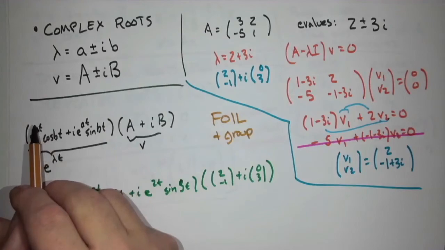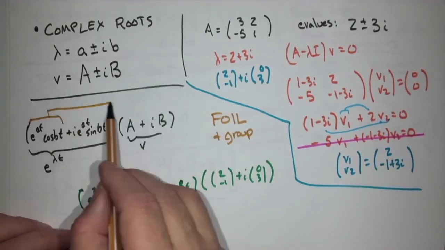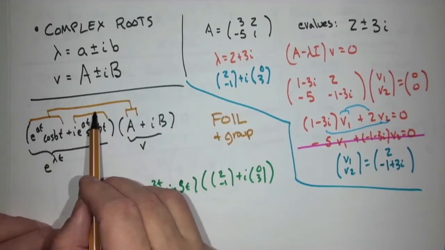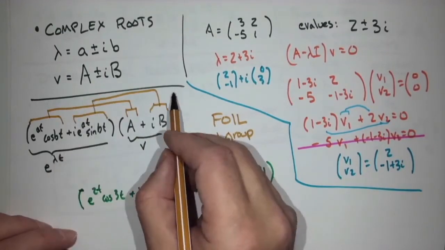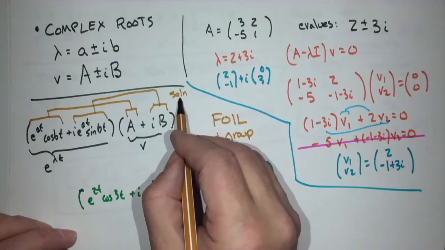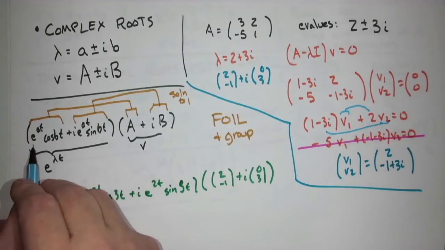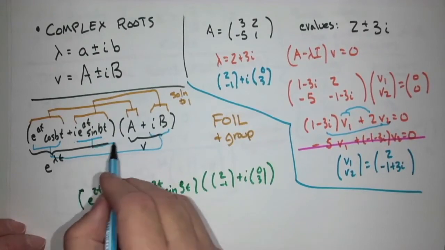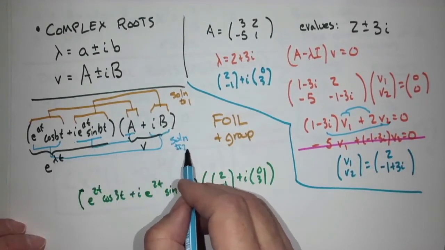So specifically, the terms which are the real parts: take the real part times the real part, the imaginary part times the imaginary part, and you put those together, and that's solution number 1. On the other hand, if you do your real part times your imaginary part, and your imaginary part times the real part, put those together, that's solution number 2.